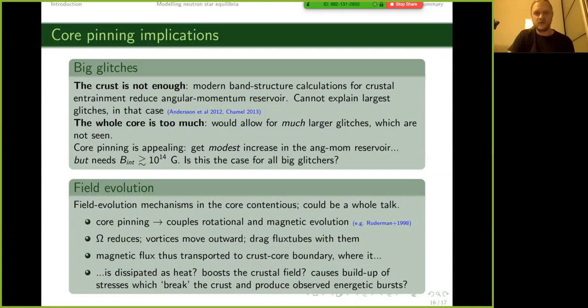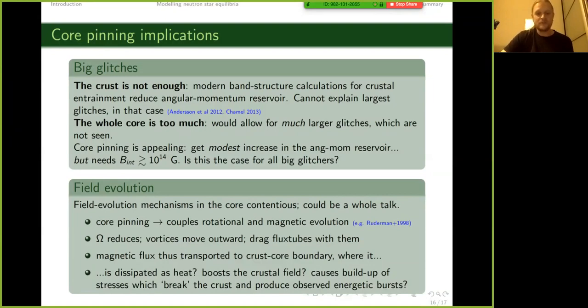And it's basically the same plot that you've seen before. As the star spins down, the vortices move outwards. If there's an energy penalty for cutting through them, maybe they drag the flux tubes with them instead. So then the vortices are moving outwards, and the flux tubes are moving outwards with them. So the magnetic flux, which is in the flux tubes, is being dragged out towards the crust-core boundary.